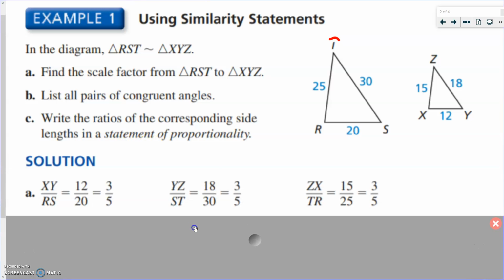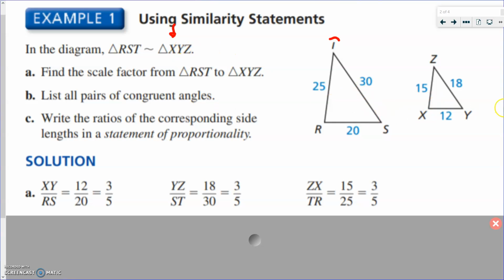So let's do this. This is the scale factor. XY over RS, we always write this one on top, our second part on top. XY is 12 over RS, which is 20. 12 over 20 is 3 over 5. And that should be the same as the rest of them. Let's check them out.